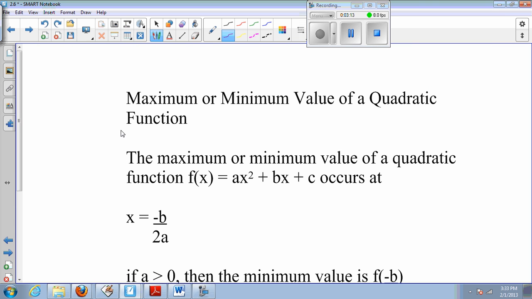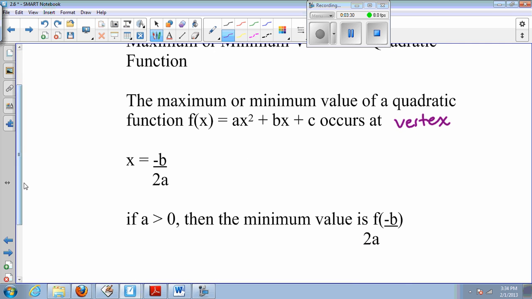So a maximum or minimum value of a quadratic function occurs at the vertex. Remember that the x value formula is negative b over 2a. And if a is greater than 0, so it's positive, it's minimum value. So if it opens up, it's a minimum.